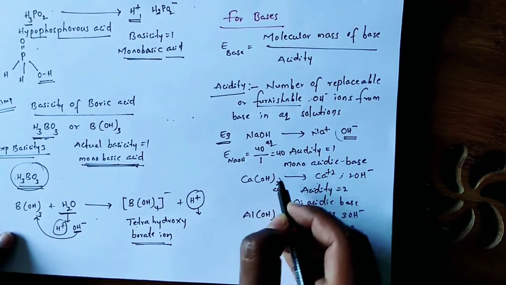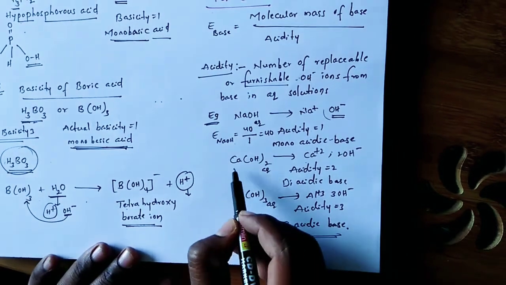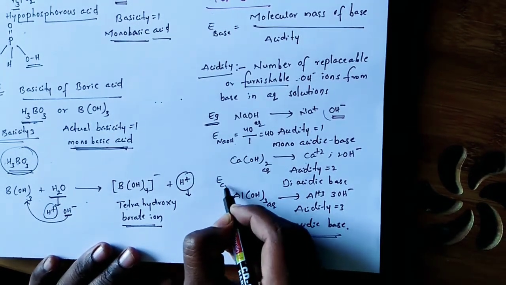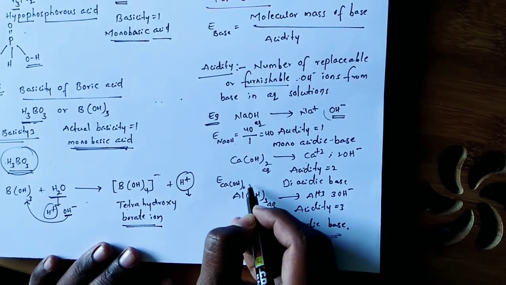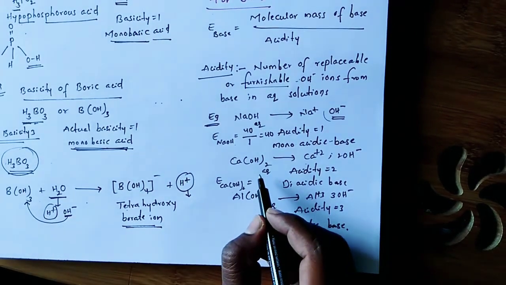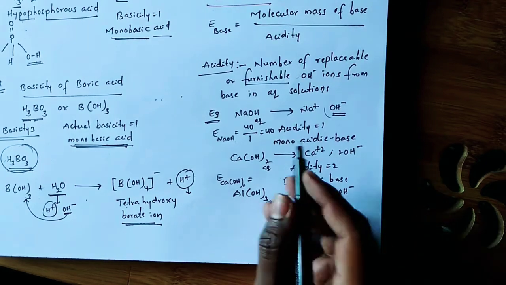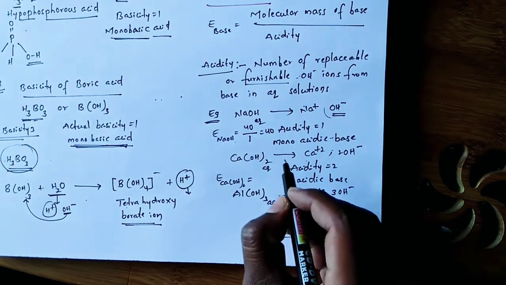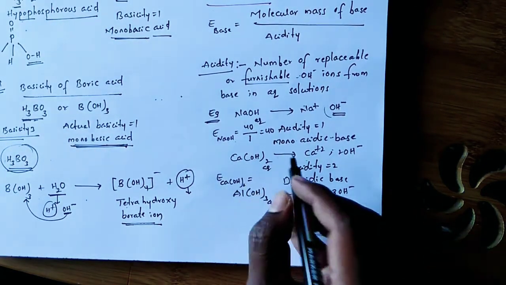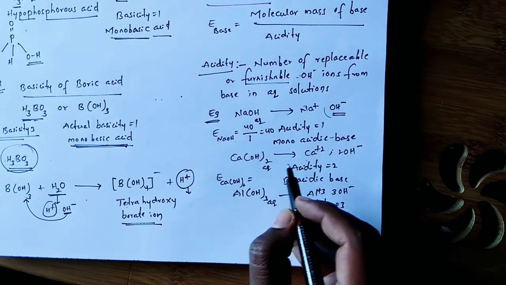So its equivalent weight is 40. Calcium hydroxide equivalent weight, how much? What is the molecular mass of calcium hydroxide? It is 74.